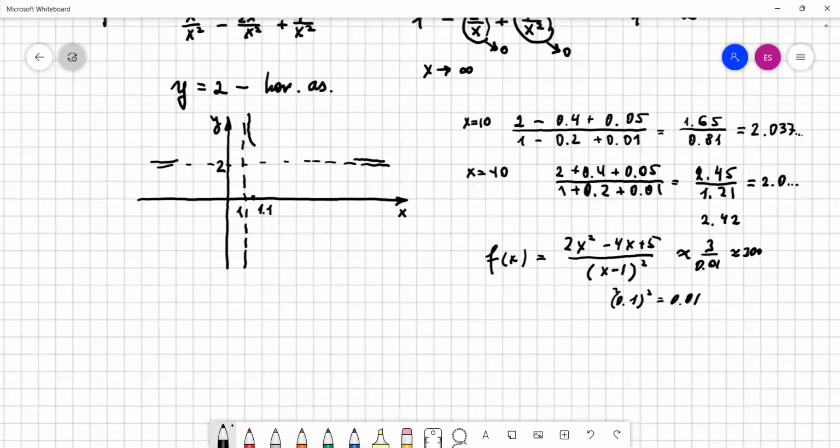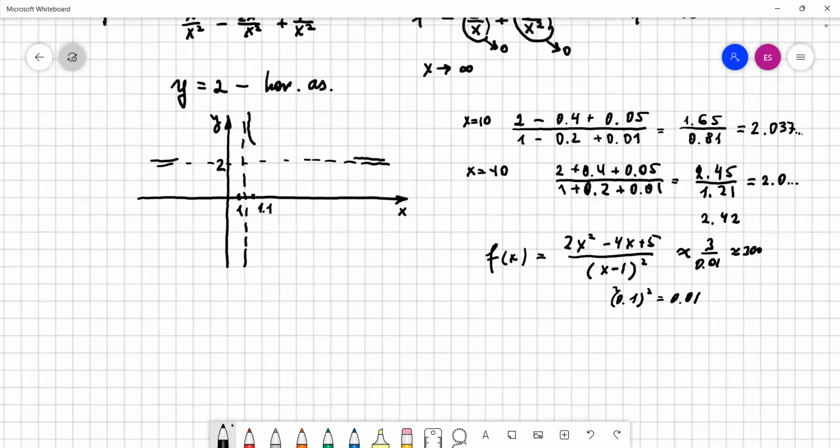Now I'll try to plug in a number a little bit less than 1, 0.9. By the way, guys, for the denominator, it's important how close you are to 1. For the numerator, it is not sensitive to it because it's not turning into infinity. You can just plug in 1.